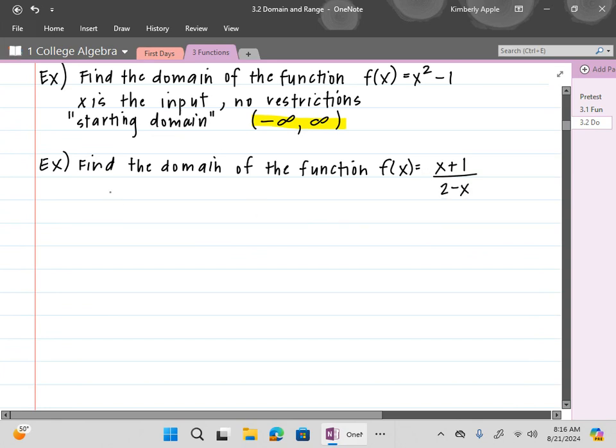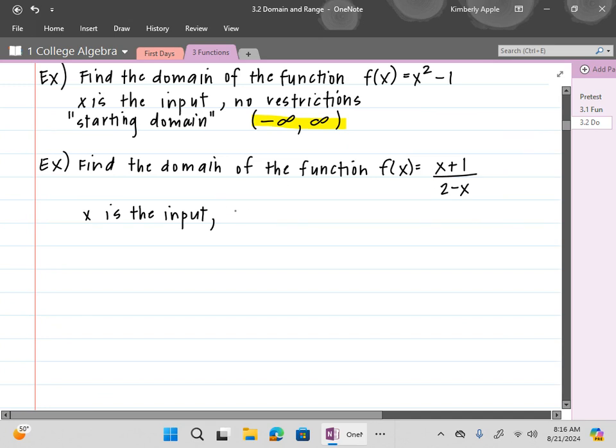Okay, so step number 1, what is the input? X is the input. And this seems kind of silly to do this now, but when they get a little crazier, it helps. So number 1, x is the input. So when you're working with a rational function that has an x in the denominator, we are looking for what is going to make this not work.